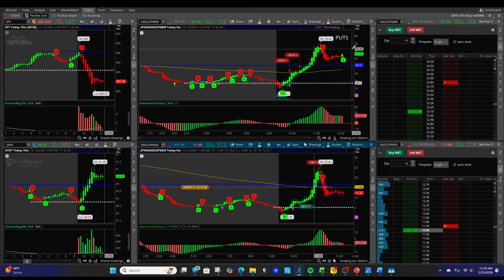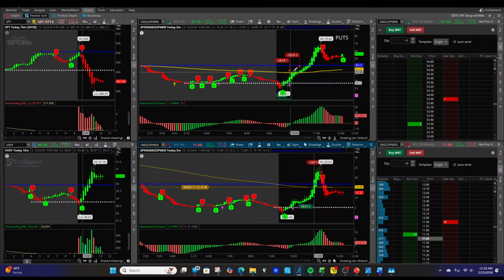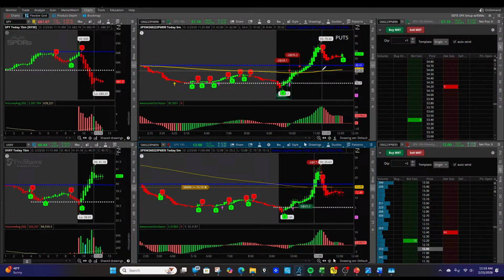Now up above, the puts at 68.90 have stayed above the 200-day.